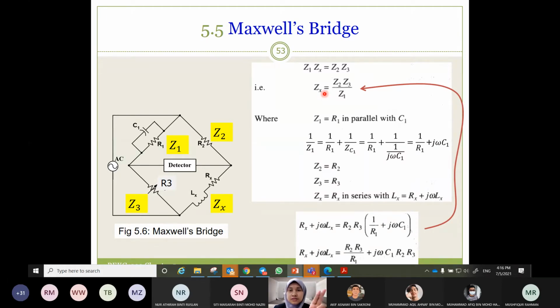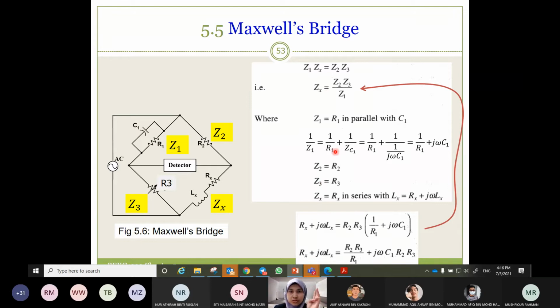The second step is to define each Z. What is Z1? What is Z2? What is Z3? What is Zx? The third step is to substitute all the Z's in the balance equation.